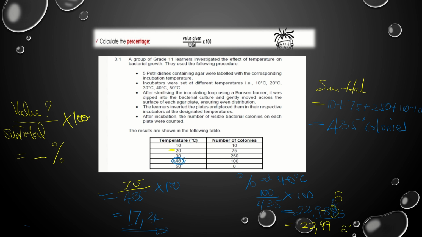Then you can just say approximately 23%. We can even take it to that extent. So that's just it. You can do it using any value here.